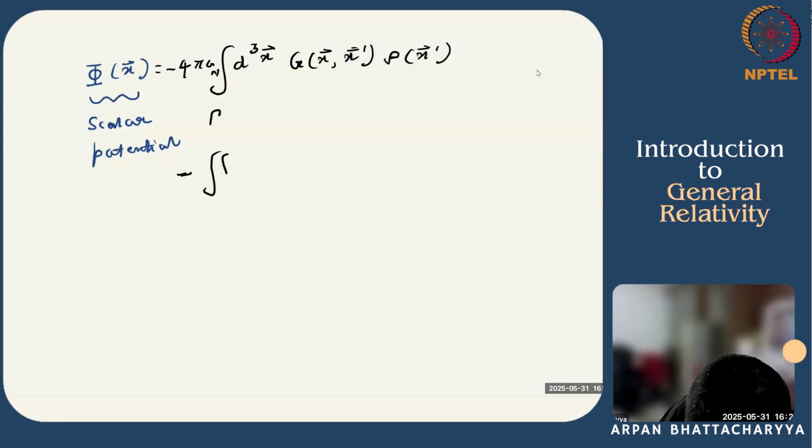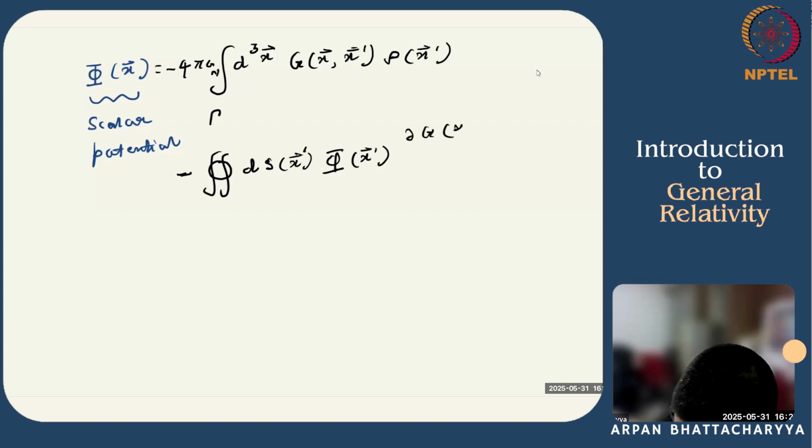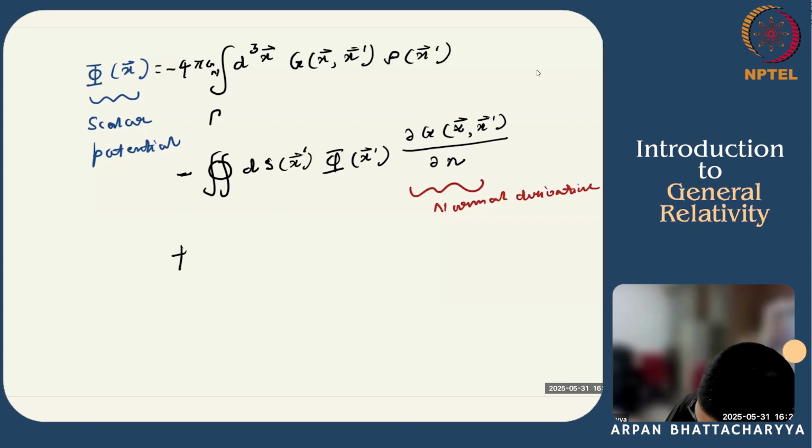Then you have two terms coming from the surface integral: dS of x prime, phi of x prime, del G, where this is the normal derivative, and the other term is G, dS of x prime.